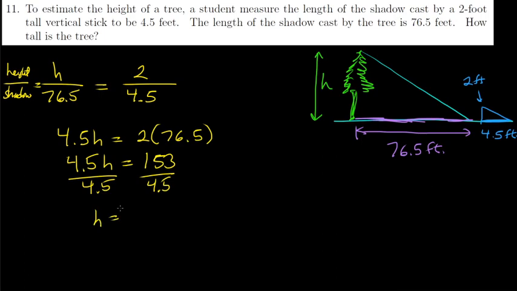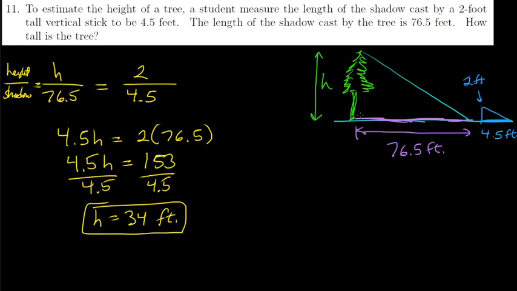So h is equal to, looks like 34. Try that again. Yep. 34 what? Feet, right? Everything's in feet. So the height of the tree is 34 feet, right?